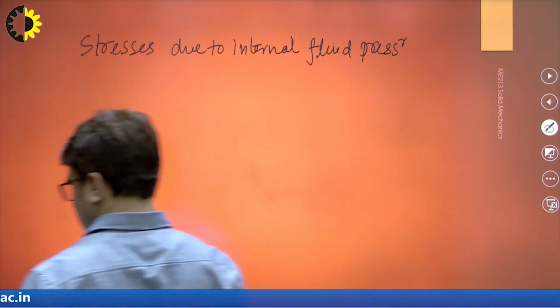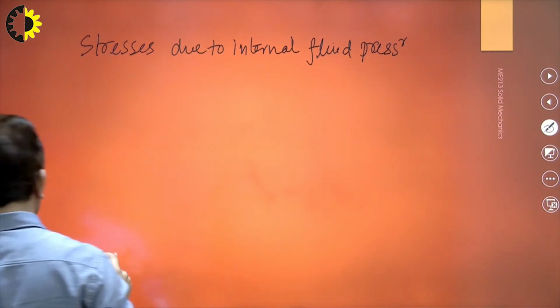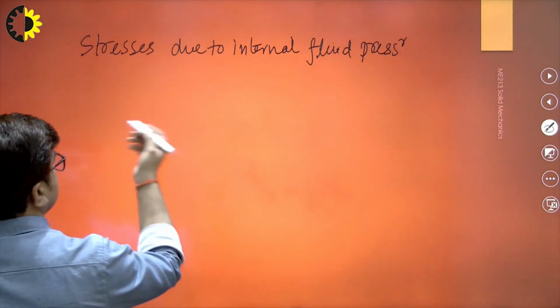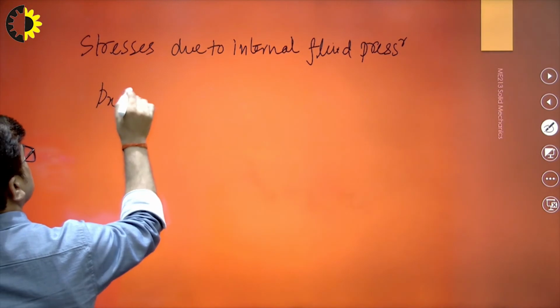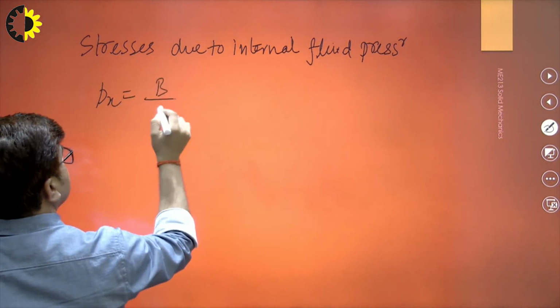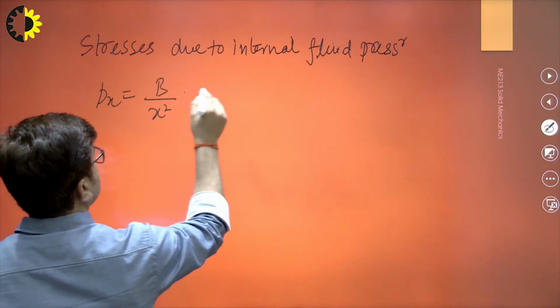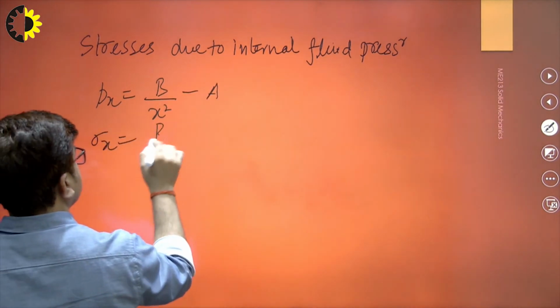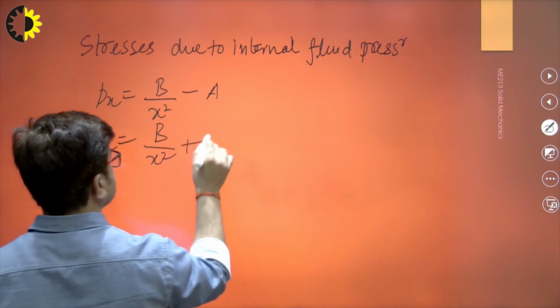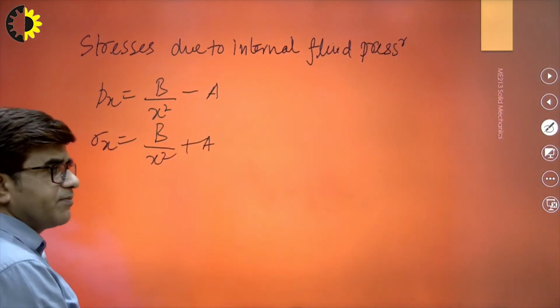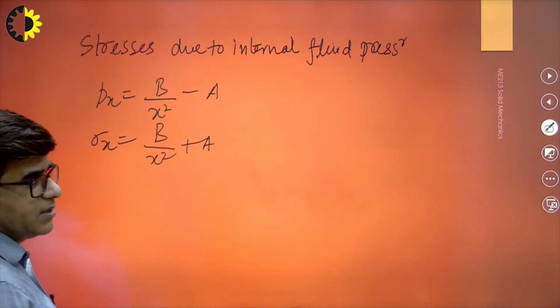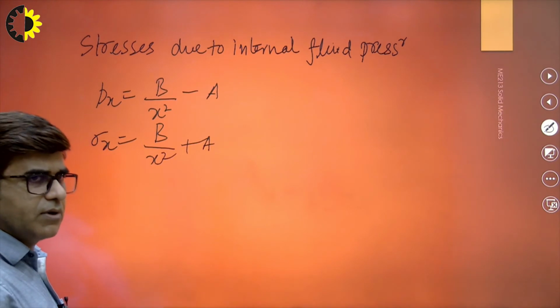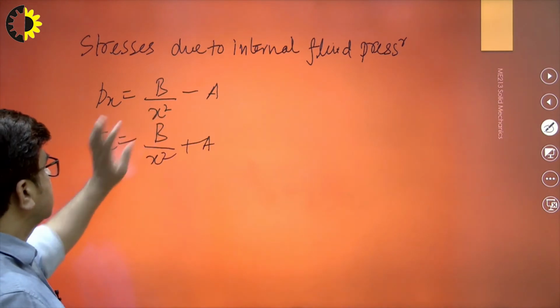So for this condition, let again Lame's relation be Px equal to B by x square minus A, and sigma x equal to B by x square plus A. So here I will use the constants A and B in capital, not A1 B1, not A2 B2. So here A and B.